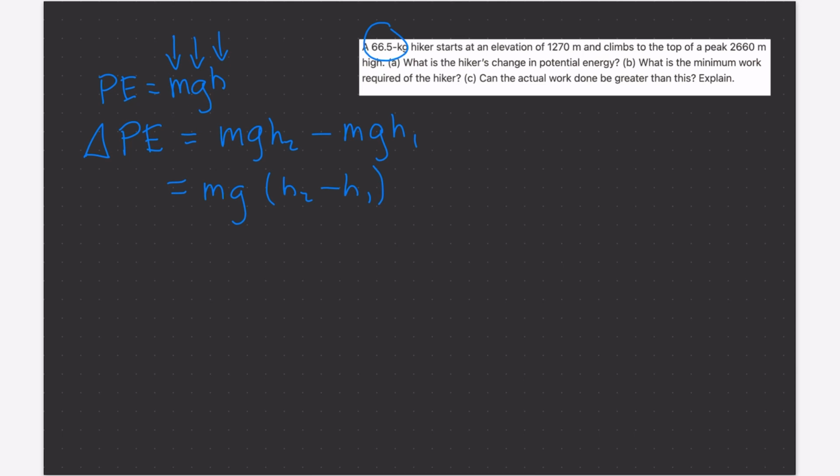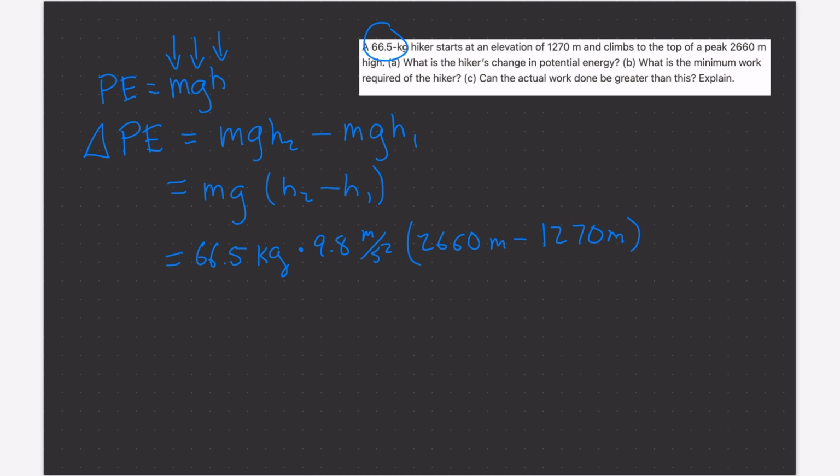Let me actually write that down, 66.5 kg times 9.8 meters per second squared, and I'm going to be multiplying that by 2660 meters minus 1270 meters. All right, if we plug this into the calculator really quick, for my mass times gravity, I get 651.7. Then I'm going to go ahead and multiply that by 2660 minus 1270.